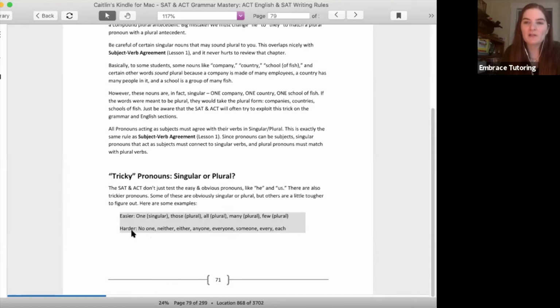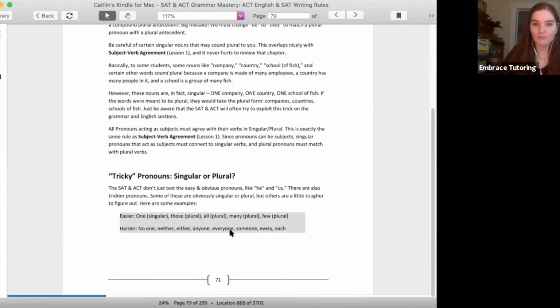Some harder ones to figure out would be something like no one, neither, either, anyone, everyone, someone, every, each. Just like when we were talking about subject-verb agreement, you have to think about collective nouns. Everyone is talking about a group of people, and no one is also referring to a group of people.